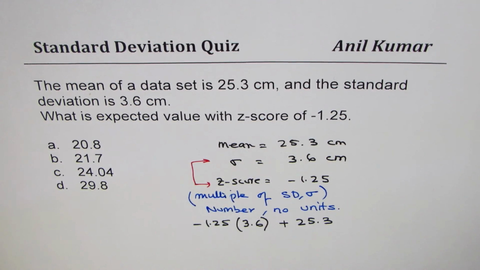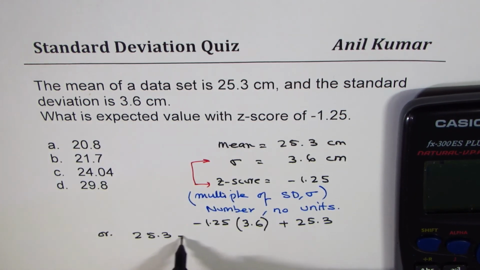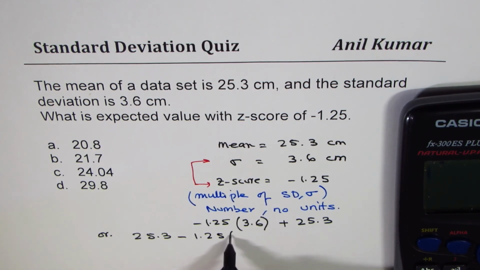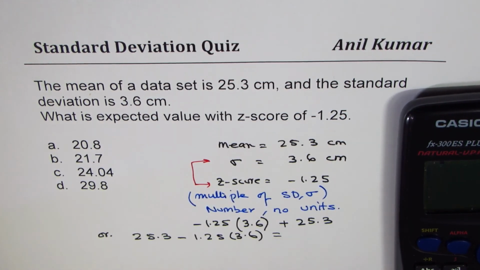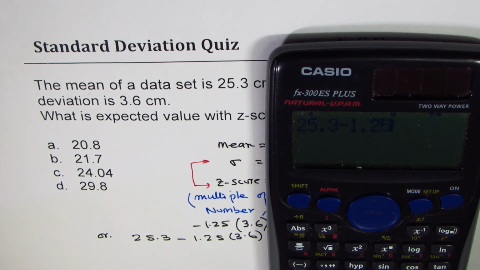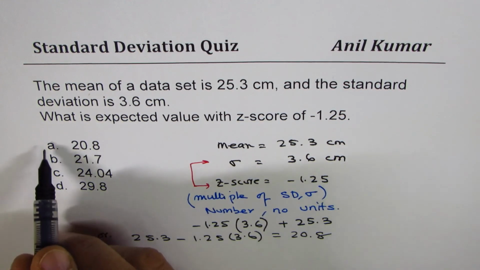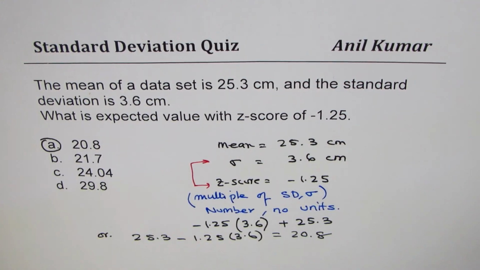That is how you're going to get the value, right? You could have written it the other way also, 25.3 take away 1.25 times 3.6, one and the same thing. So we have 25.3 take away 1.25 times 3.6 equals, in decimals, 20.8. So we get 20.8. A is the right option for us.